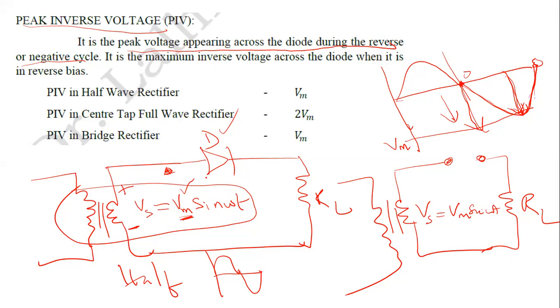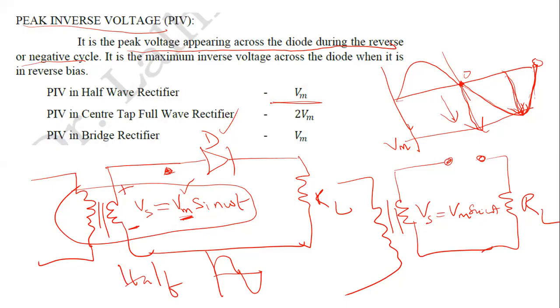All right. So in designing this kind of electronic circuit, it is important to know the specification of the diode. What is the breakdown voltage of that diode, from whichever company you purchase? Okay, so the peak inverse voltage is Vm here.